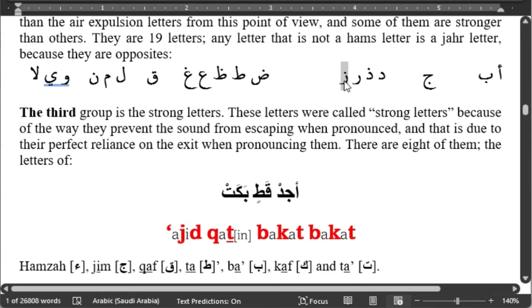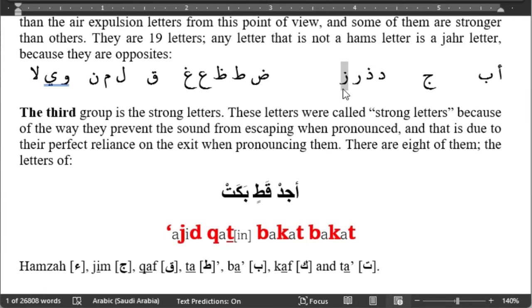Azwaji. This one might confuse some people, Zay, because Zay is the sister of what? Sin and Sad. Sin releases the air. Sad releases the air. As for Zay, suppress that air, and then you will be perfecting that letter.